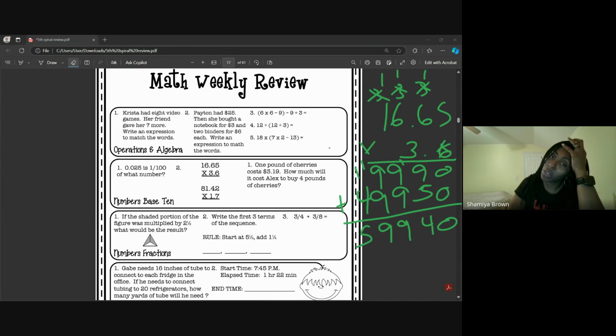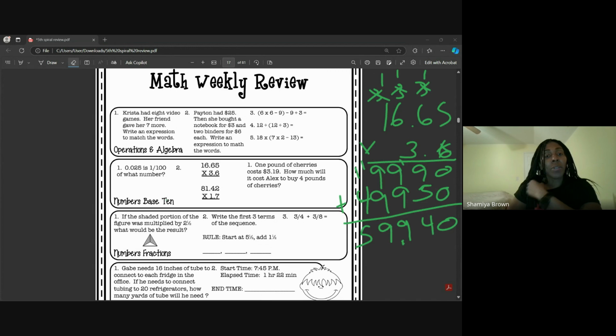That makes 3 digits after my decimal in all, so I have to have 3 digits after my decimal in my answer. So my decimal goes right here. My answer would be 59 and 940 thousandths. That's the answer for number 2, the first one.